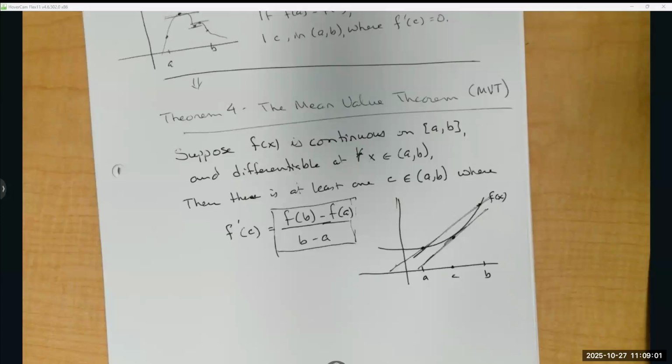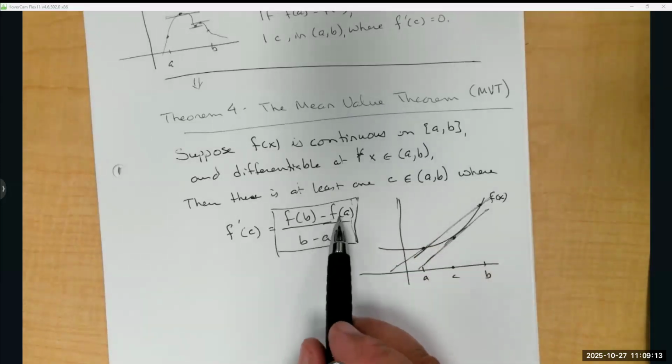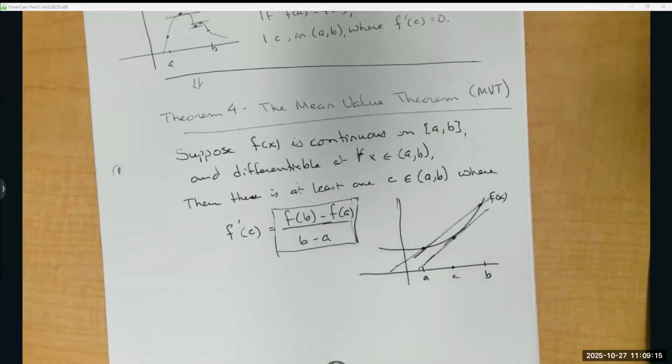Now, this relates back to chapter 2, section 1. The f of b minus f of a over b minus a is what kind of slope? What kind of rate of change is it? Average rate of change.